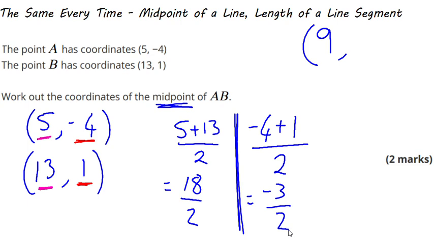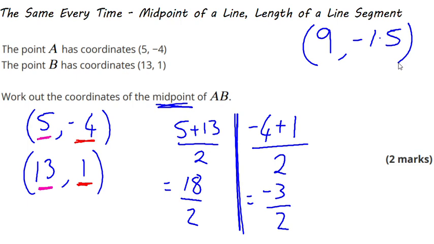Well, we could just leave it like that, couldn't we, as a fraction answer. If you wanted to, I suppose, you could write it as a decimal because it makes a nice decimal. I might put it as a decimal. It doesn't say in the question what we should do, but it does make a nice decimal that stops, so -1.5, but the fraction equivalent would be fine. I'll just say one thing about this, by the way.